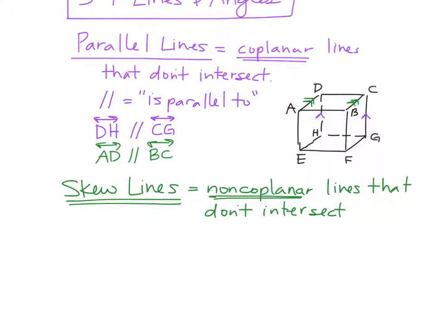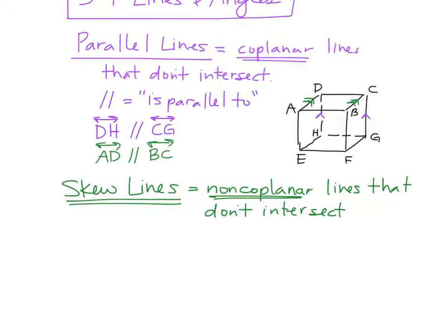Anyone think they can give me a pair of skew lines based on that definition? They don't lie in the same plane, but they don't intersect. Give me two lines in the picture that do that.